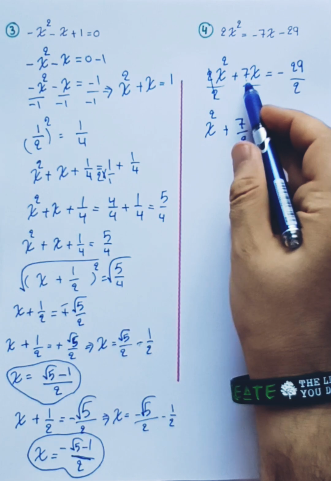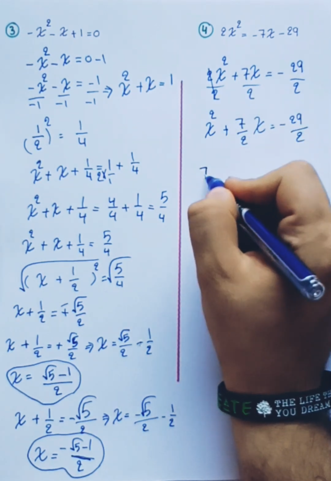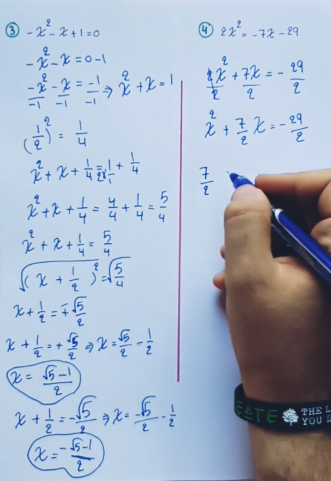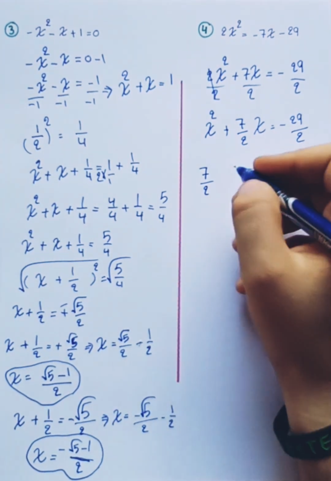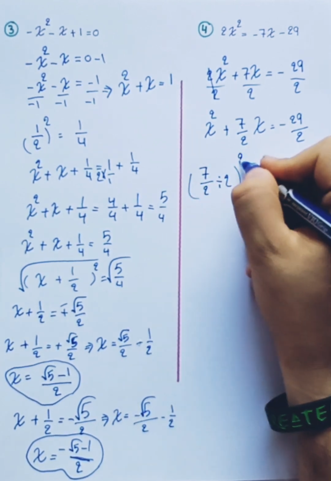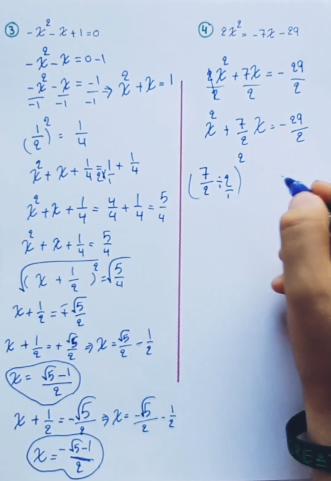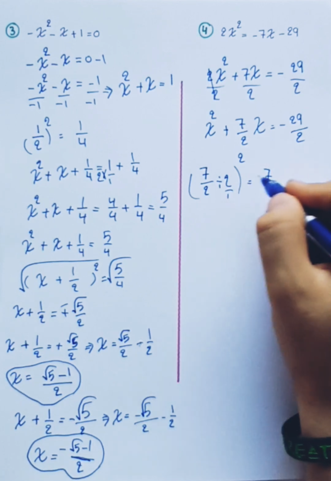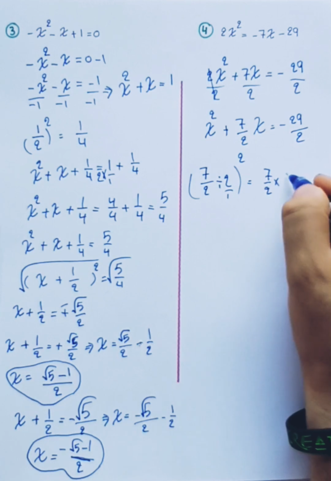So for the third term, you have to divide this fraction 7 out of 2 by 2 and then square it. We have to change this whole number to a fraction, and then for 7 out of 2 you change the divide to multiply, and write the reciprocal of 2 out of 1, which is 1 out of 2.